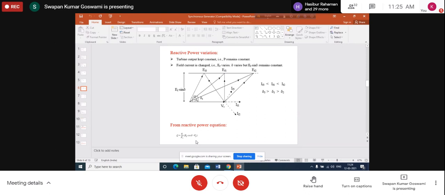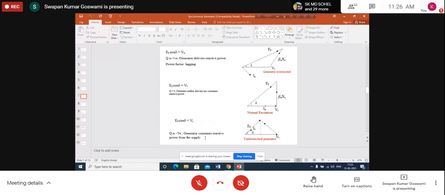P becomes negative because the motor is drawing active power. In the case of a generator, P was positive, and the generator was delivering reactive power. For an overexcited generator, Q was positive. For an overexcited motor also, Q becomes positive. That means the motor is delivering reactive power to the system.